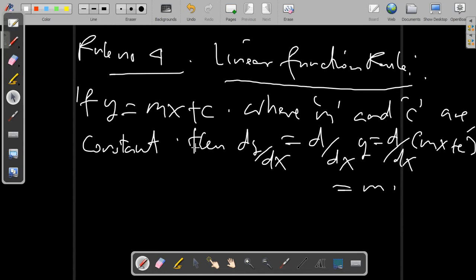So the derivative of mx plus c is equal to m.